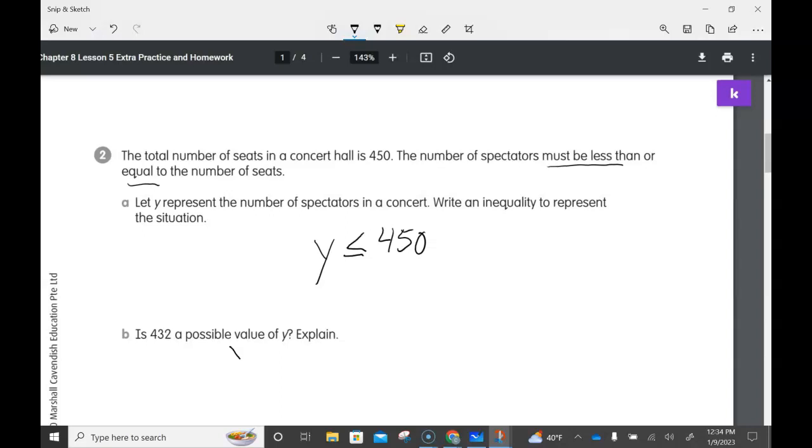That would be yes, because 432 is less than 450. That would be the explanation behind letter B. 432 is less than 450, or you can think about it as either less than or equal to 450, but we know 450 would not be equal to 432.